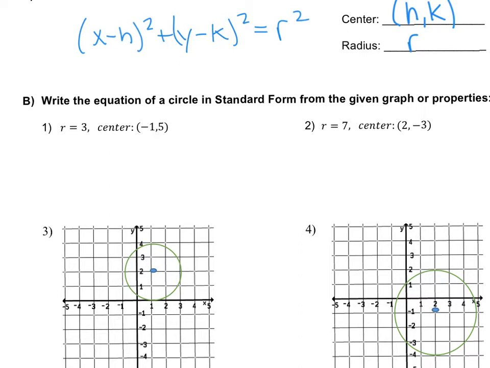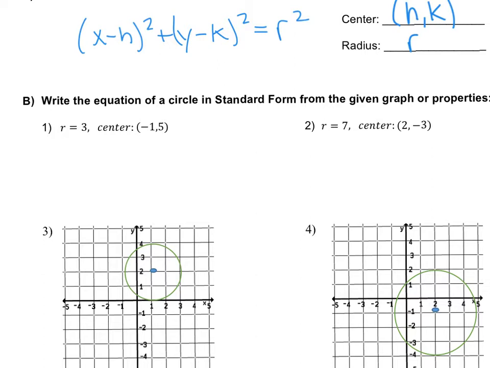It's important to note that in these formulas there are minus signs that are already here. So if you put in something that is negative into something here that already has a minus sign, it's going to change to a positive. So if this refers to our h, and this refers to our k, and this refers to our radius, all we're going to do is just plug them in.